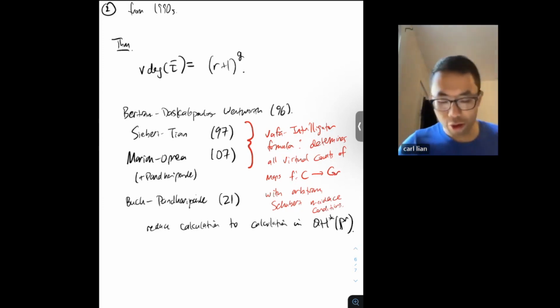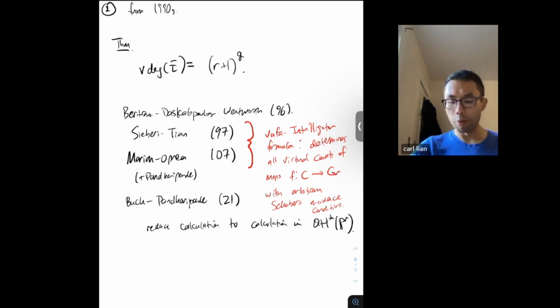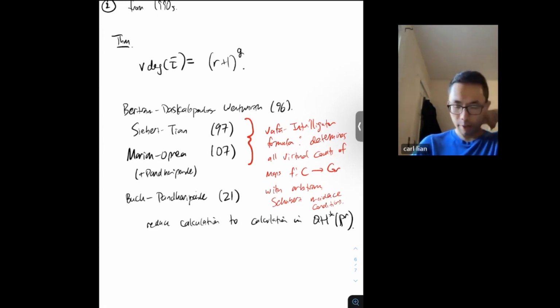So this is a generalization in two directions. You can replace the projective space with the Grassmannian, and you can replace these point conditions with any Schubert conditions. You might call this, as Bertram did, quantum Schubert calculus.